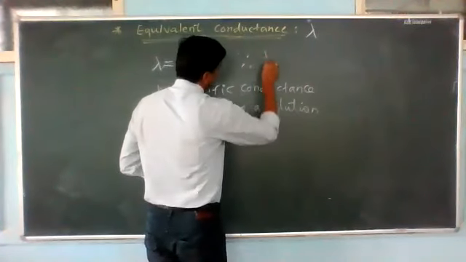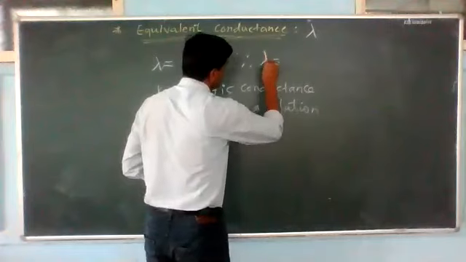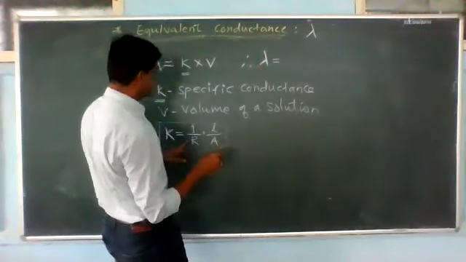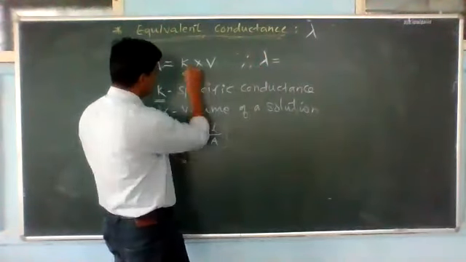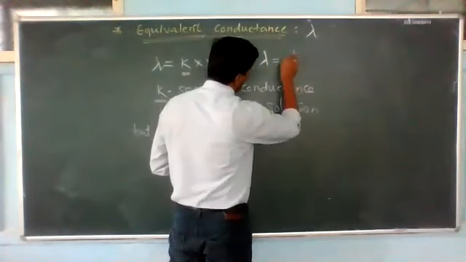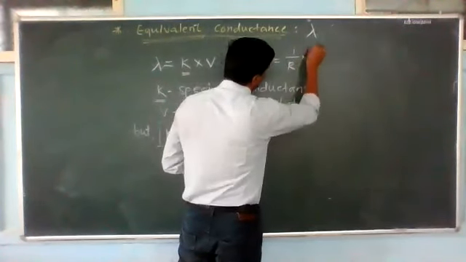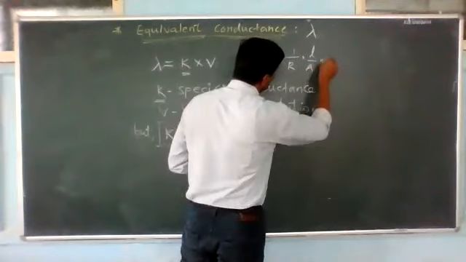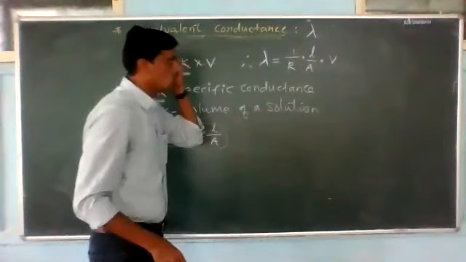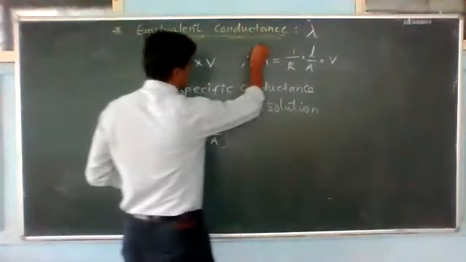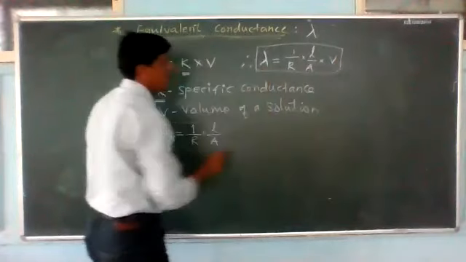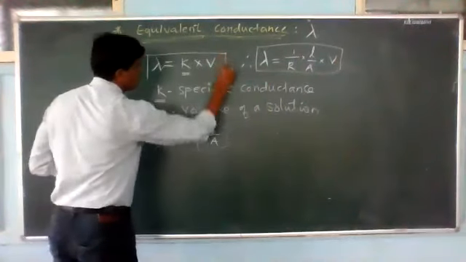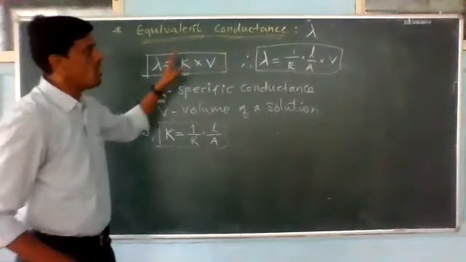Therefore, equivalent conductance of a solution is equal to 1 upon R into L upon A into V. This is another form of equivalent conductance.